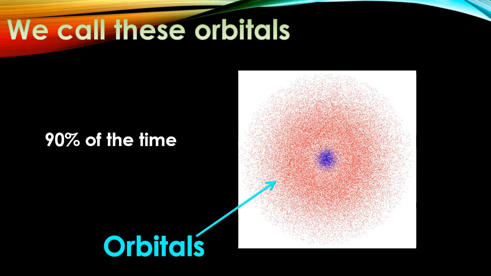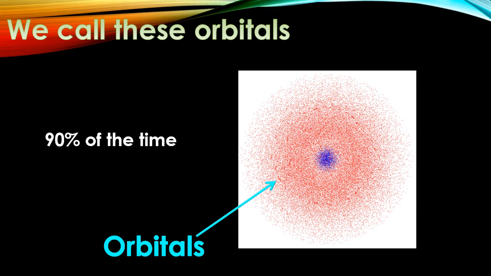So if that blue dot is the nucleus, and the red space represents where you're likely to find the electron 90% of the time, and every time you see one of those dots, it represents where you might find the electron, we might actually begin to trace a shape around this image. And remember, this is three-dimensional.